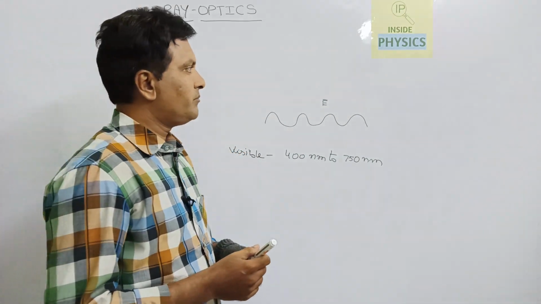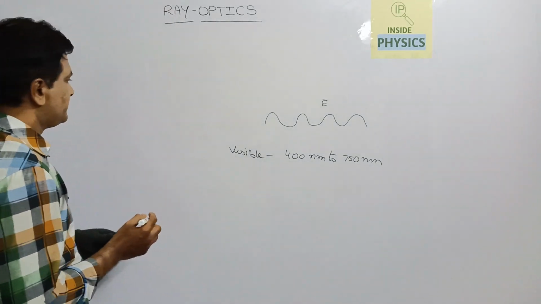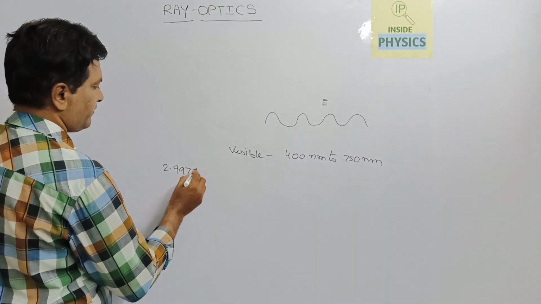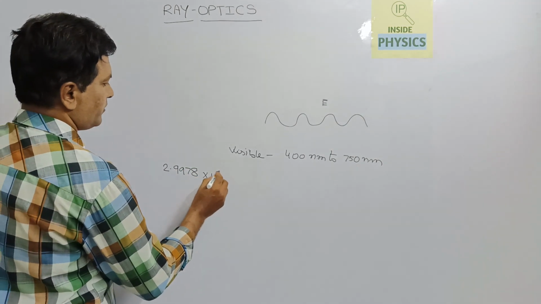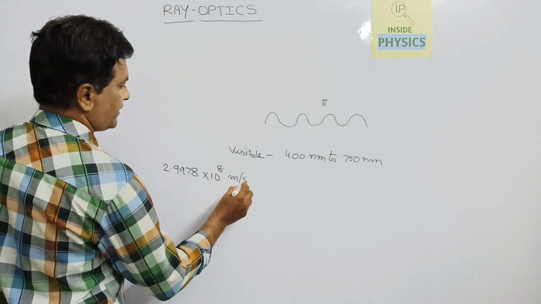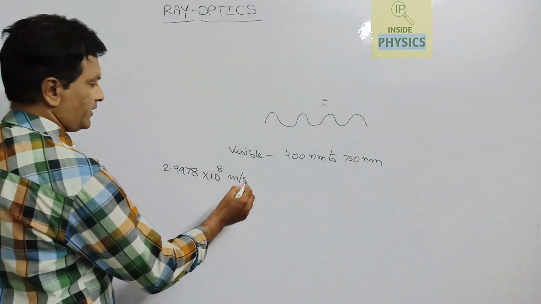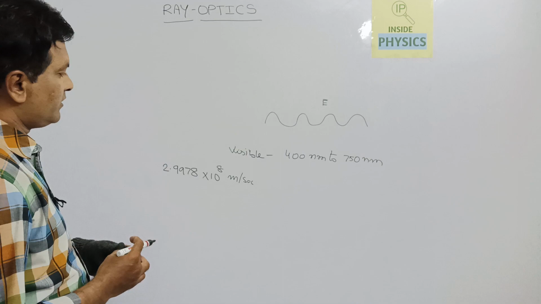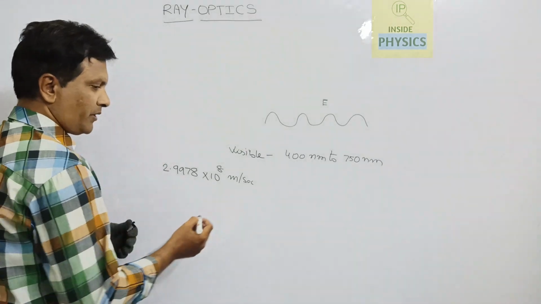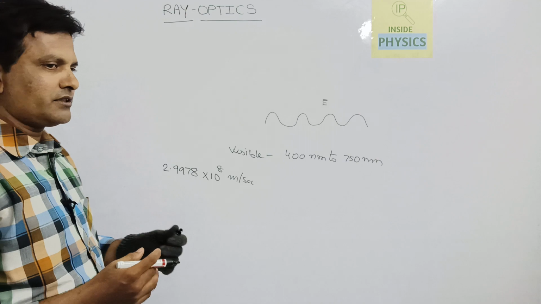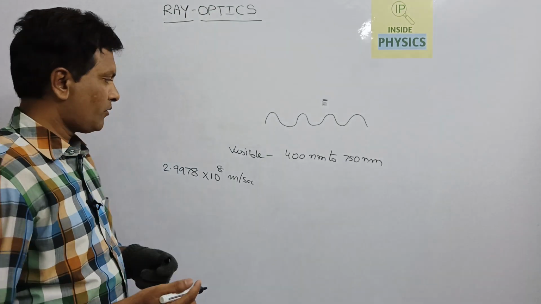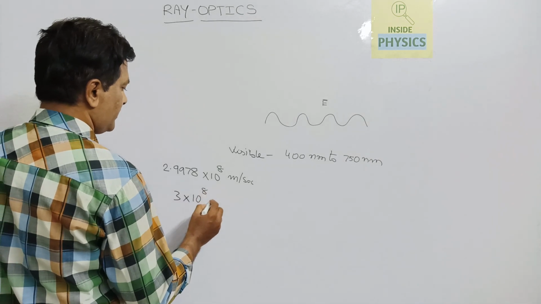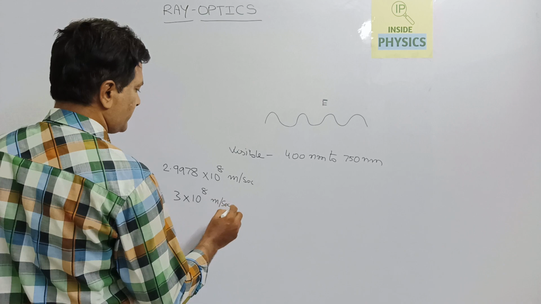The experimental observations of light have given a value of 2.9978 times 10 to the power of 8 meters per second for the speed of light. For practical purposes, when we consider the velocity of light in any problems, we will generally round it off and take it as 3 times 10 to the power of 8 meters per second.